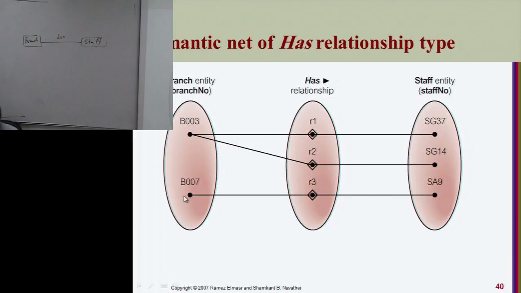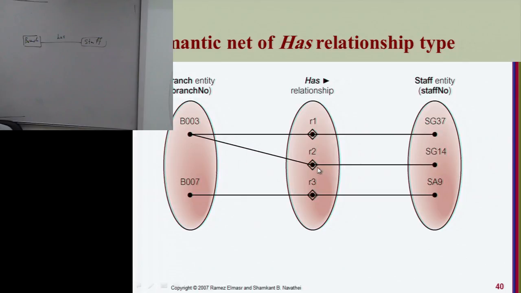Okay. Now let's assume that we are now discussing the has relationship. So what we do is just draw a link, a line that links the branch to the staff it has, right? So we have B3 has SG37.